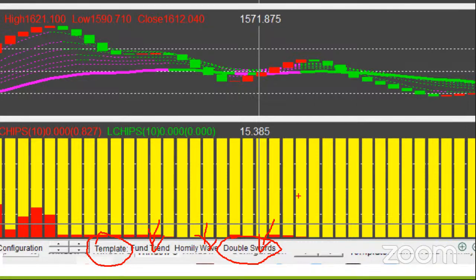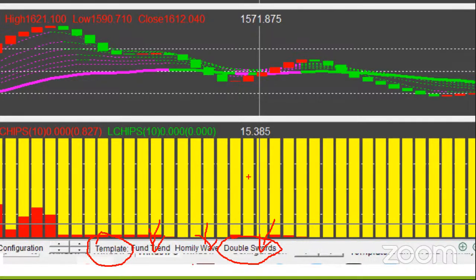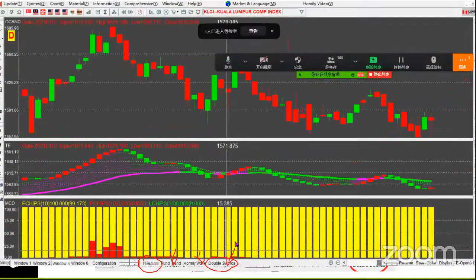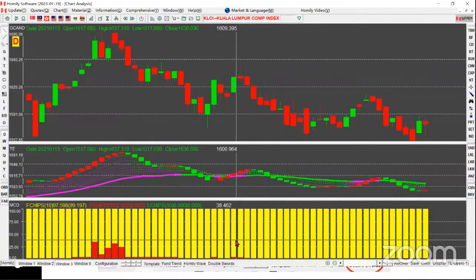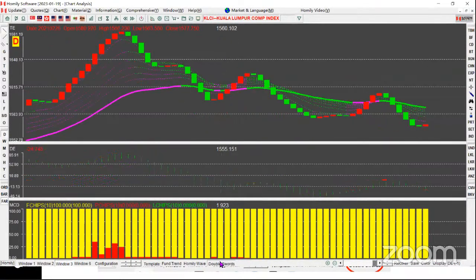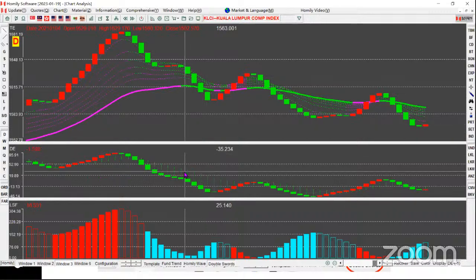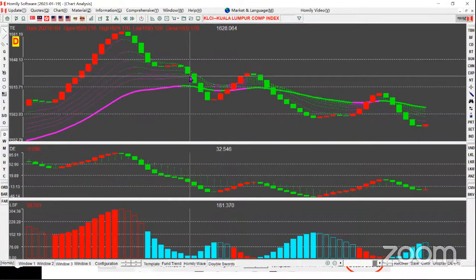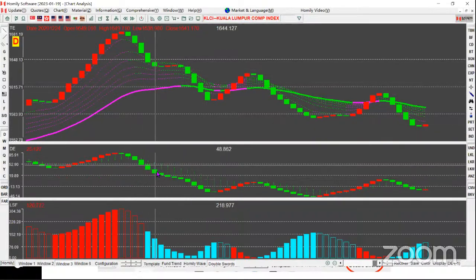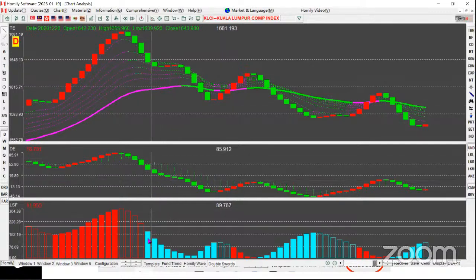If you want to open this double source, it's very easy. You do not need to change different indicators. You just click double source. You see the three windows change. The first, the second, the third, all three windows automatically change to some indicators.